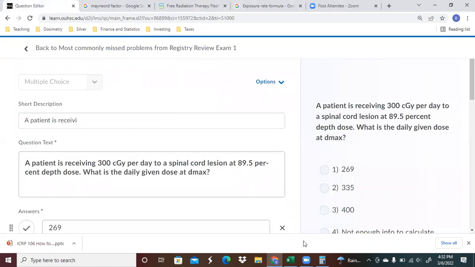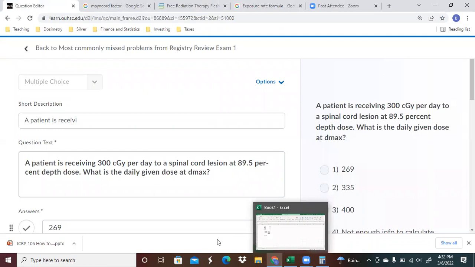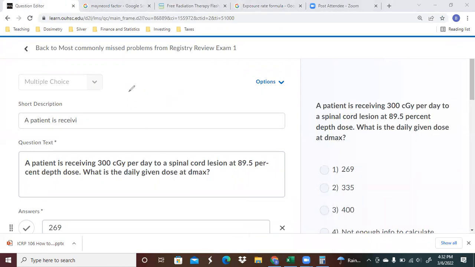In this particular case, we're going to take the tumor dose, which is 300 centigrade, and divide it by the PDD.